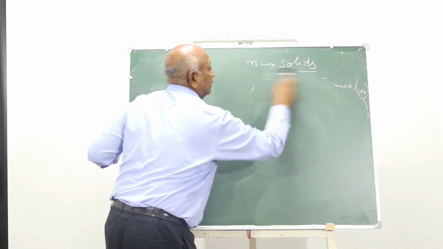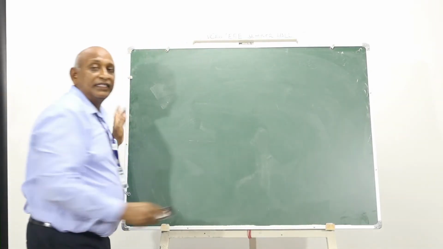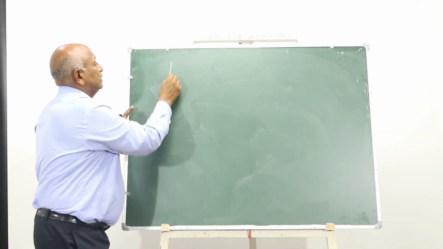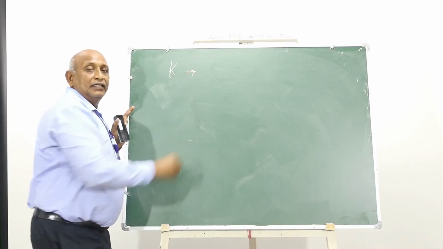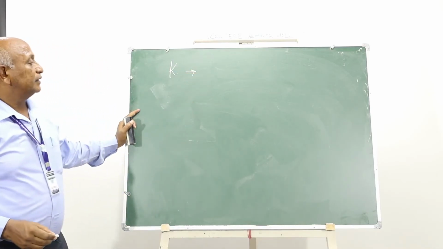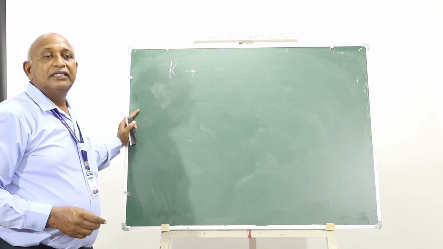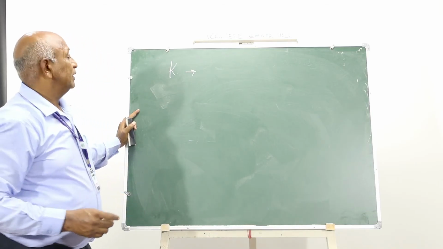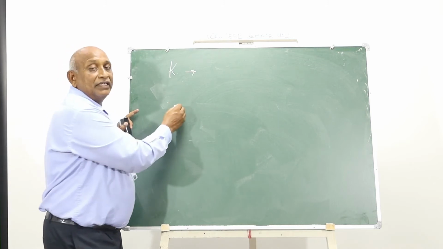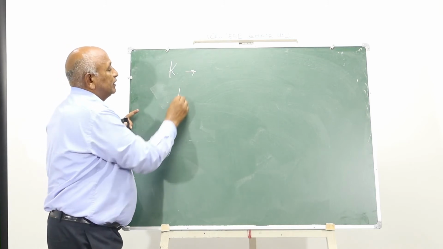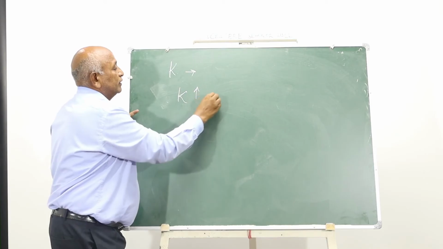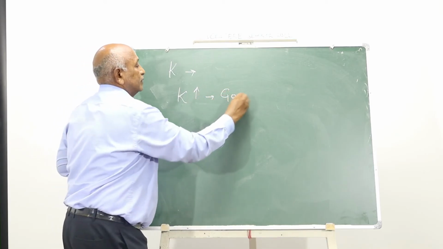Next, I will talk about thermal conductivity. Thermal conductivity is denoted by the letter K. Thermal conductivity is defined as the ability of a material to conduct heat. The materials which have high thermal conductivity values we call good conductors.